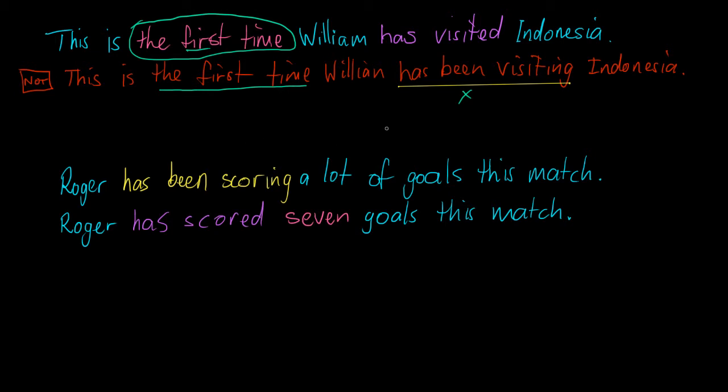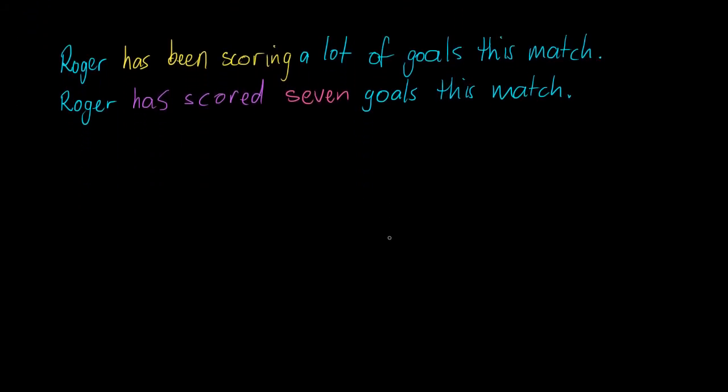Next one. Roger has been scoring a lot of goals this match, and Roger has scored 7 goals this match. The difference here, I'll just move that up to the top. The difference here is that we're actually concerned in this case with an activity, whereas in this case we're more concerned with the result. You see how we've indicated a number of items here.